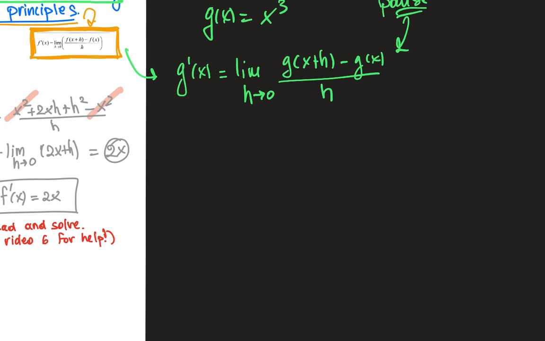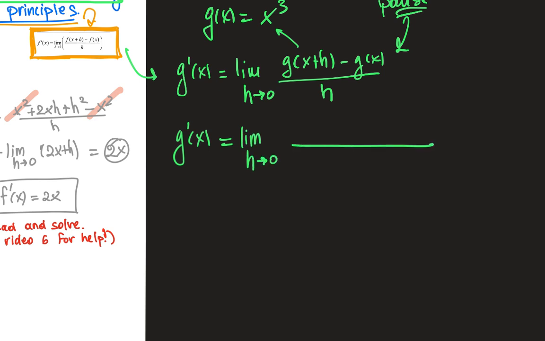The first thing we have to do is substitute x plus h into g of x. Don't forget the limit here, because that's what we always calculate.